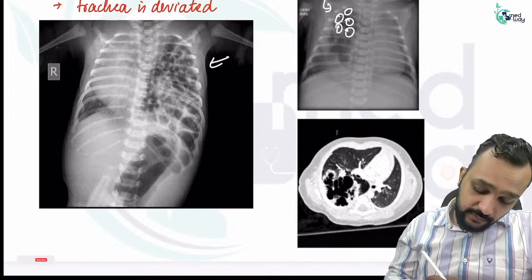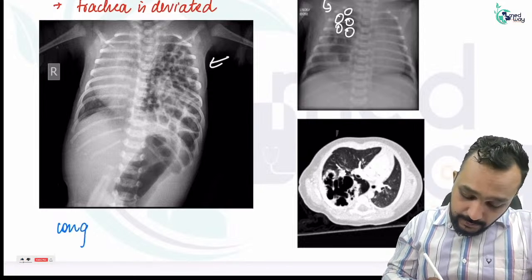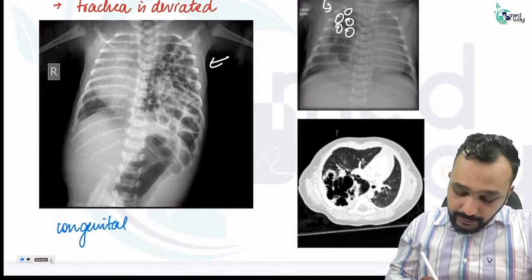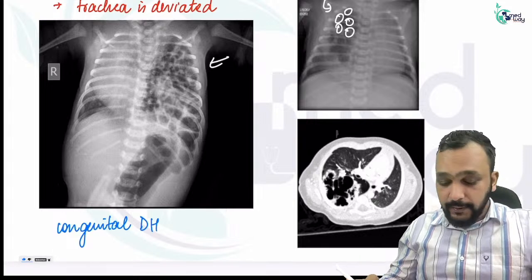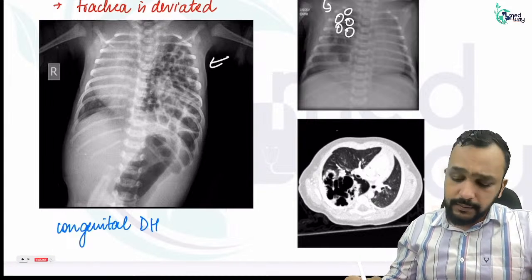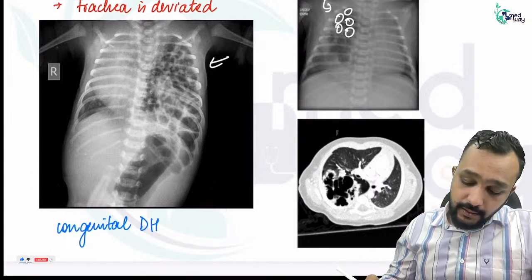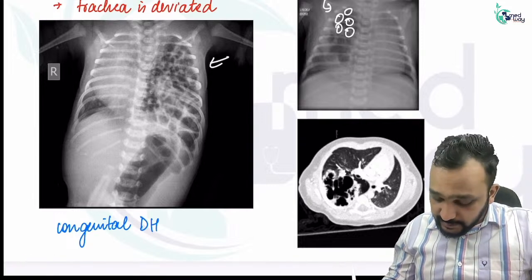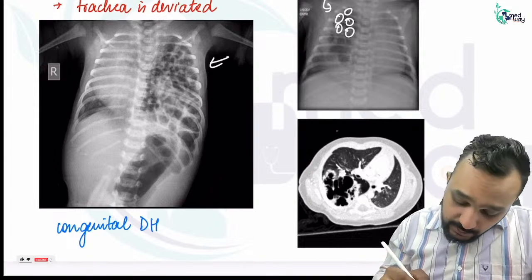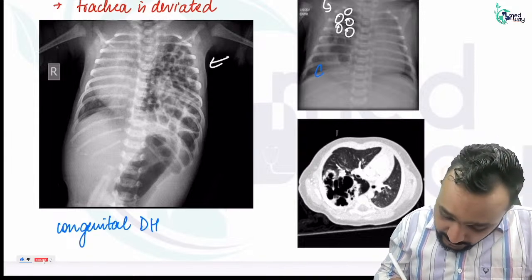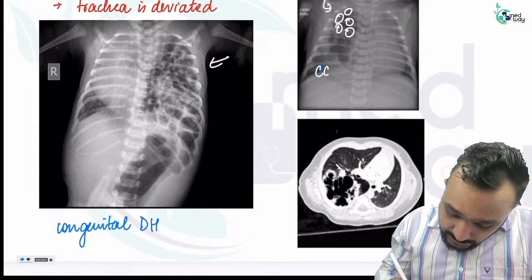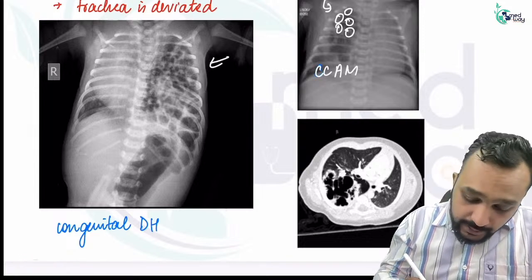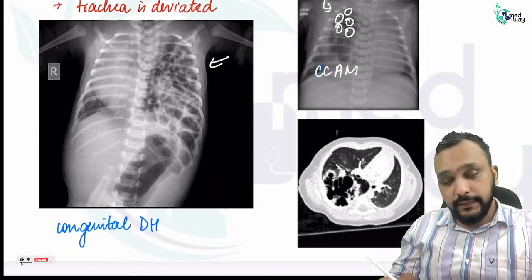You are going to think of congenital diaphragmatic hernia. But when the trachea is in the midline, you are going to think of CCAM, congenital cystic adenomatoid malformation, right?